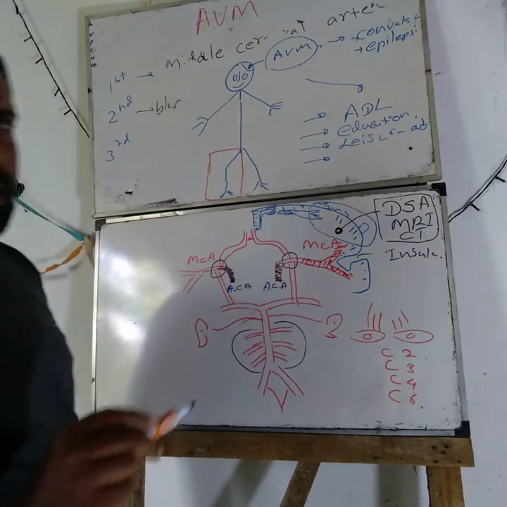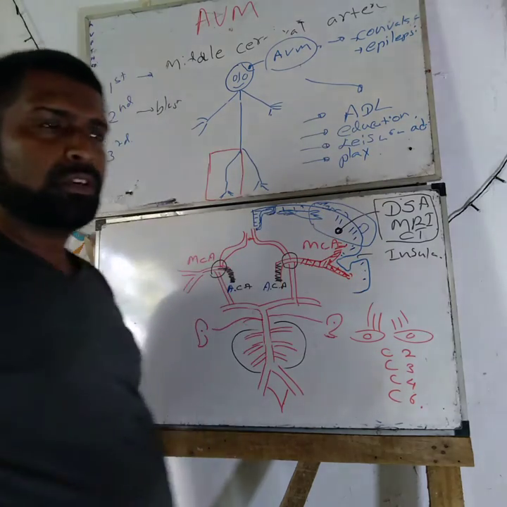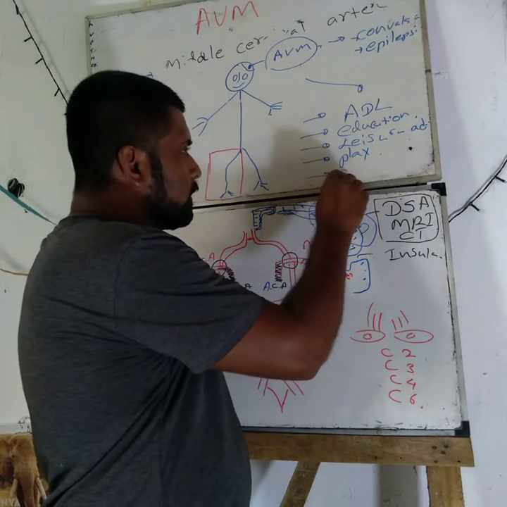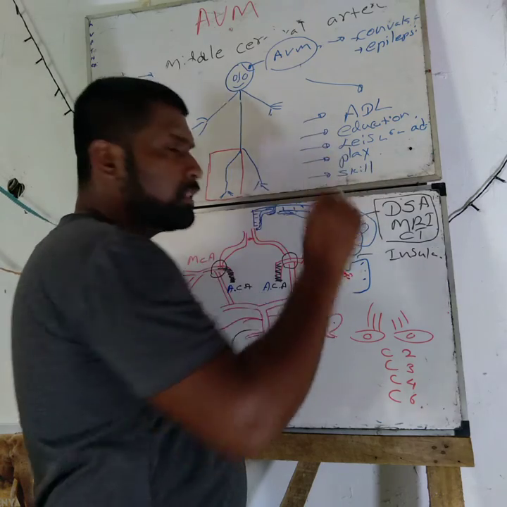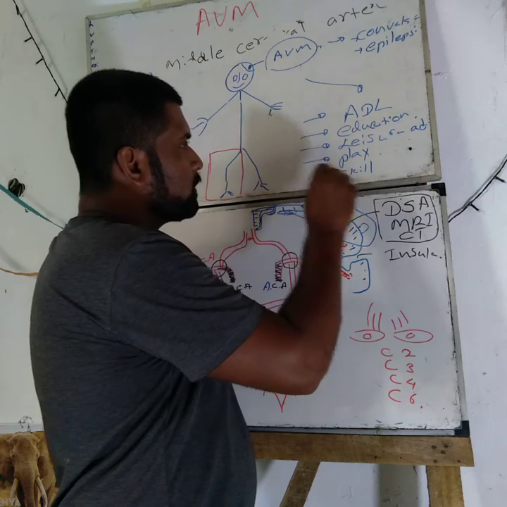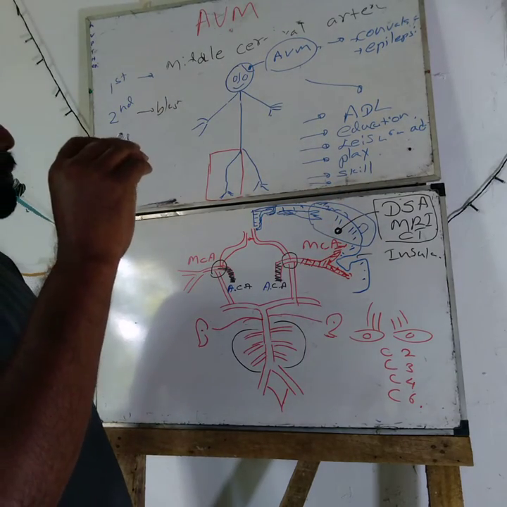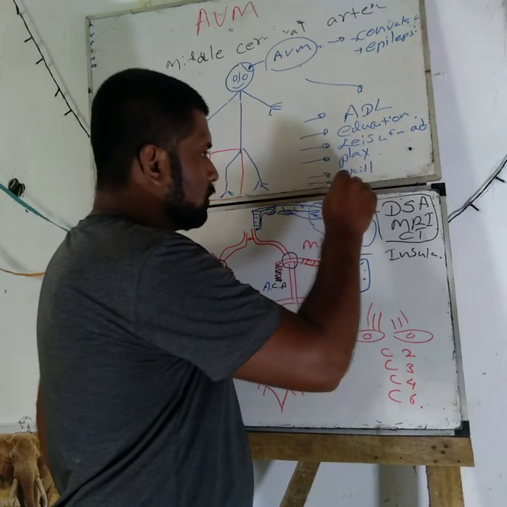They are young adults, so play activity is also most important. Skill gaining is also most important. How we can gain the skill. And the personality and other brain cognitive function.